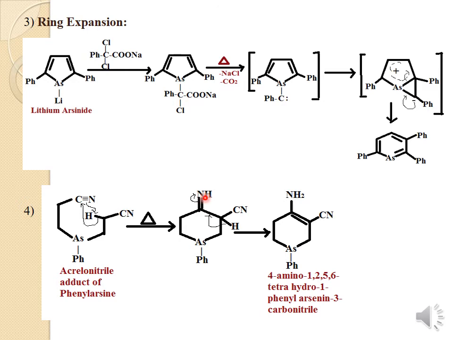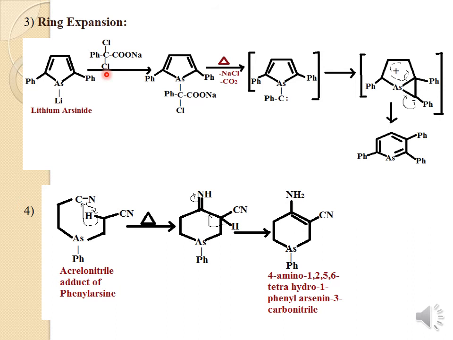Then comes your ring expansion reaction, wherein you are taking the lithium arsenide compound, lithium arsenides with the phenyl substituted at lithium arsenides compound. And when this is treated with this reagent, that is phenyl dichloro sodium carboxylate, one of the lithium with the chloride atom will cleave out as LiCl.